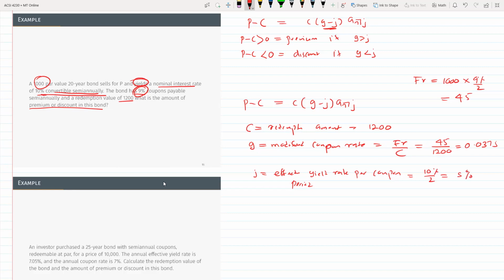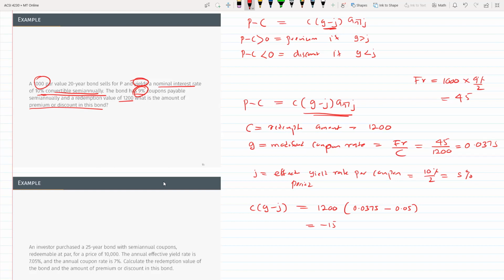Okay, so now let's calculate this quantity. Let's first calculate C times (G minus J). What is that? 1200 times (0.0375 minus 0.05), and you get negative 15.